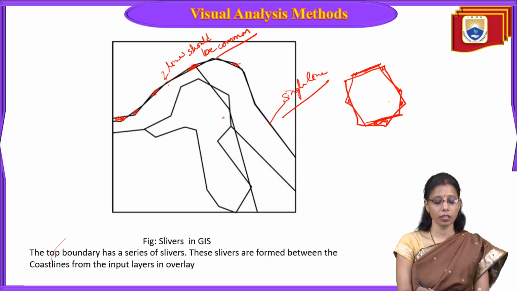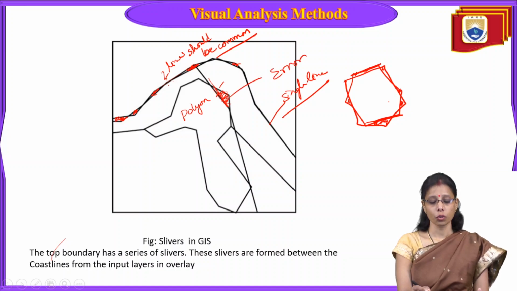Now the same thing you can see here. This is one polygon, so this line and this line have to merge. Exactly, it has to snap. So this is the error here again, it looks like it's not snapping. This error has to be removed. How will it be removed?